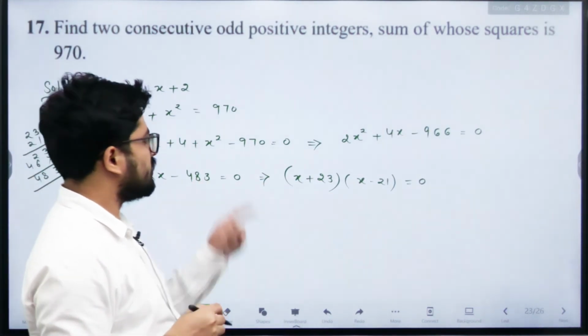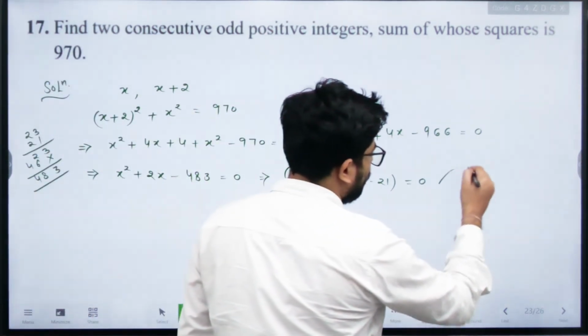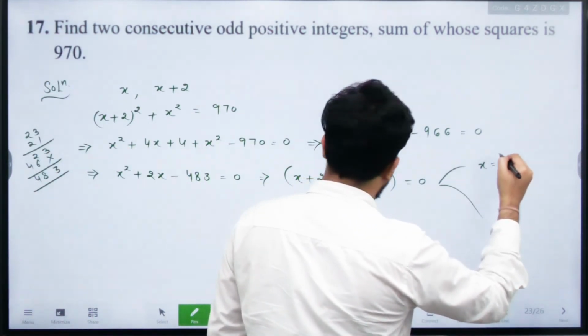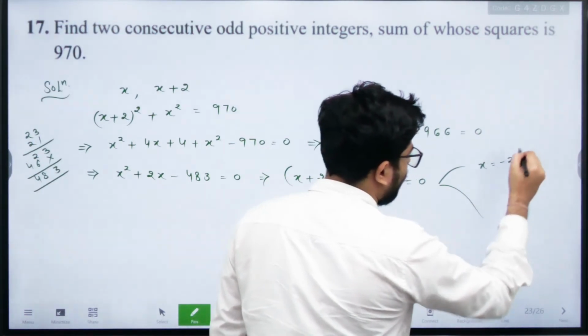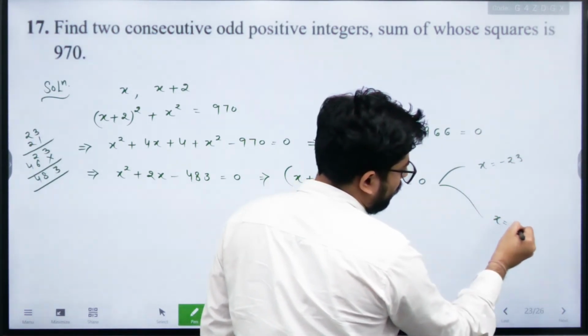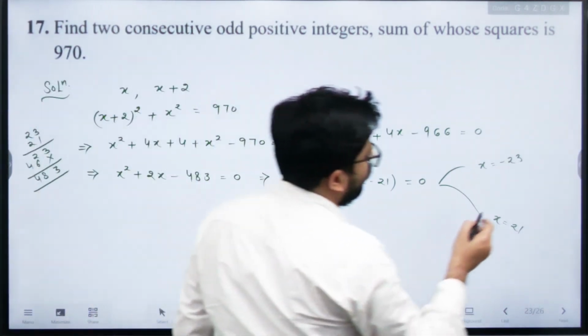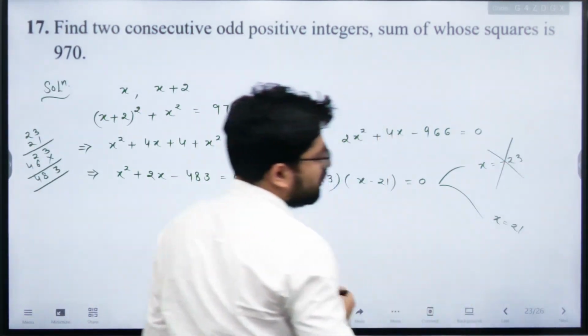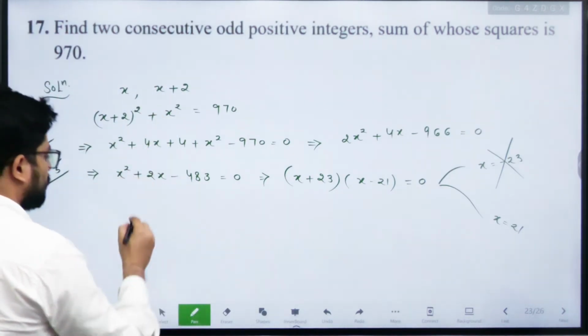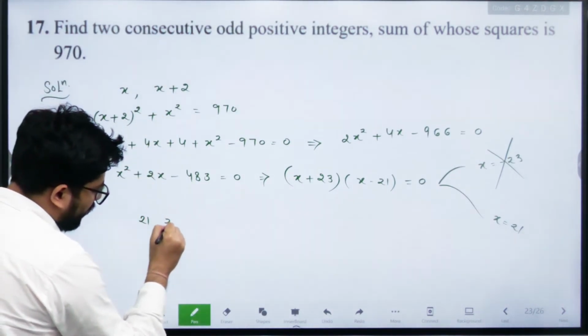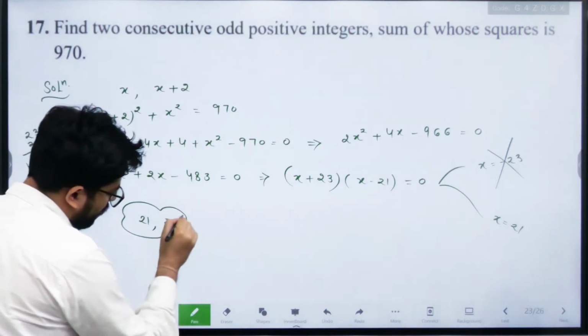So from here x is equal to minus 23 and x is equal to 21. You have consecutive odd positive integers, so you have to reject this one. So x is 21, and your two numbers are 21 and 21 plus 2, that's 23. This is the answer.